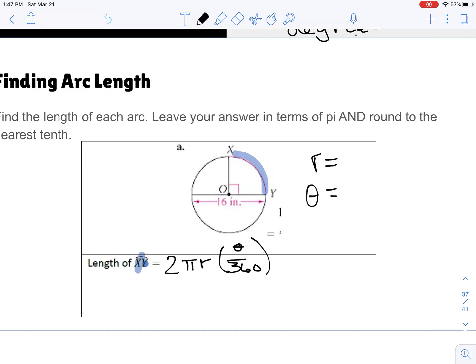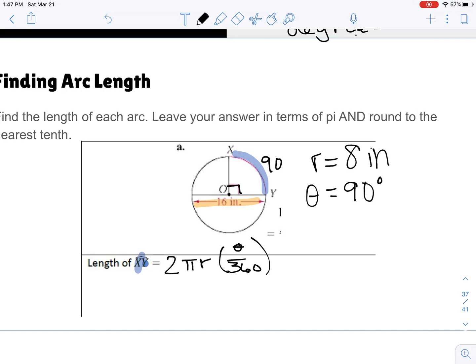R stands for the radius. Looking at this picture, I can see that the diameter is 16. That's not the radius. We need to cut that in half, so this is going to be 8 inches. Theta is the measurement of the arc. And because the central angle here is 90 degrees, this would also have to be 90, right? Because that box tells me it's a right angle.